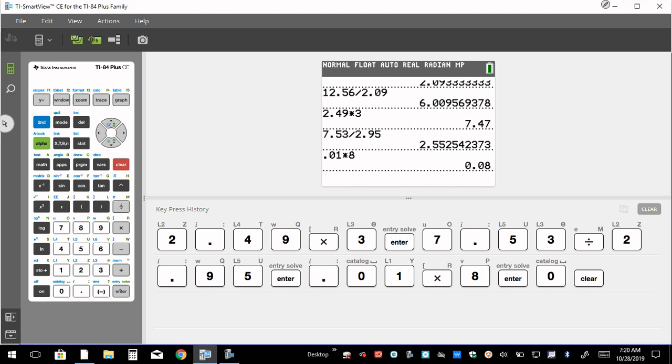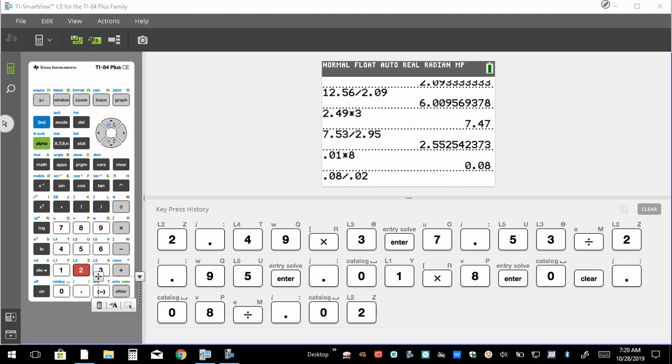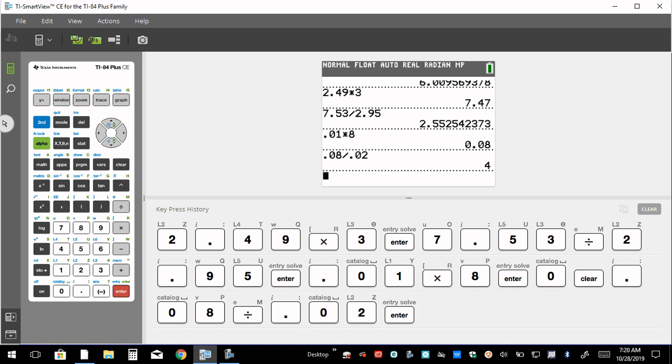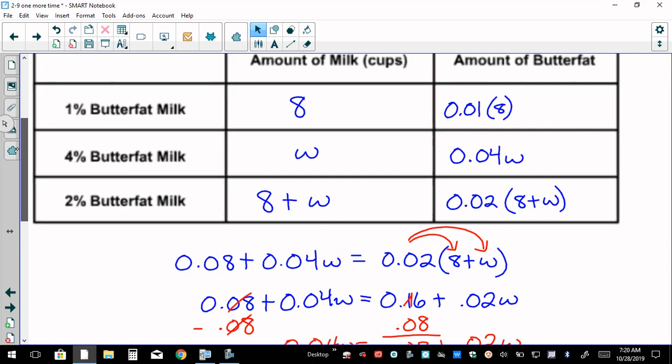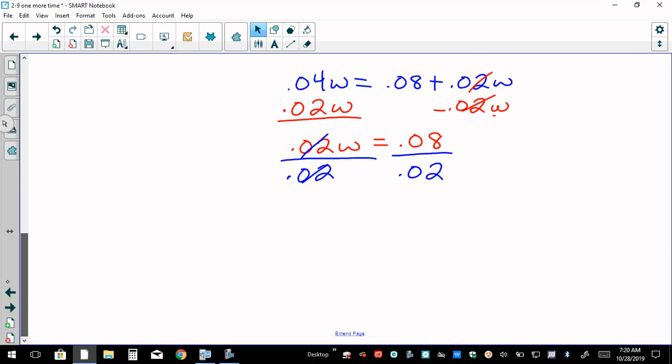Okay. Let's go 0.08 divided by 0.02 should give me 4 cups. Should be 4 cups right there. So I'm going to need about 4 cups of the 4% butterfat milk to make a 2% mixture.